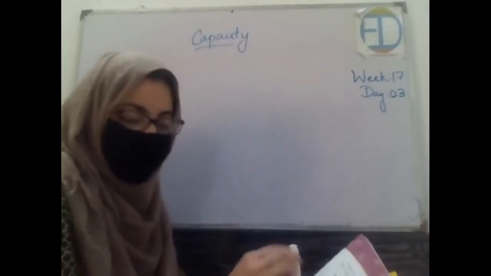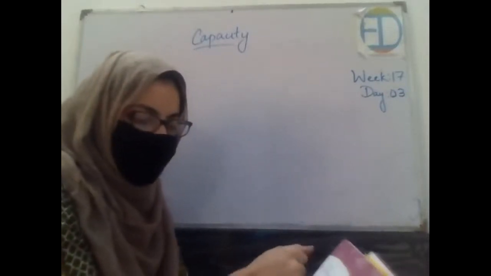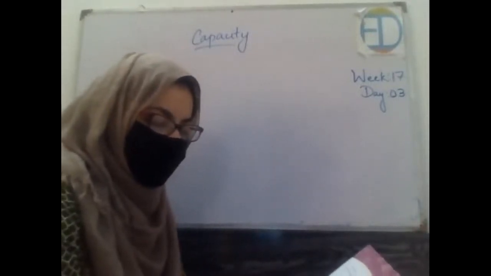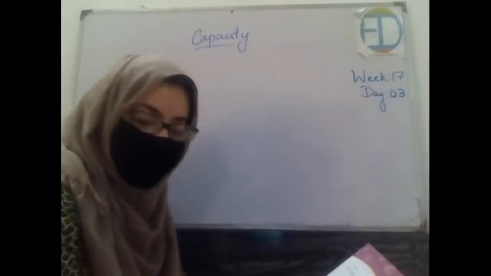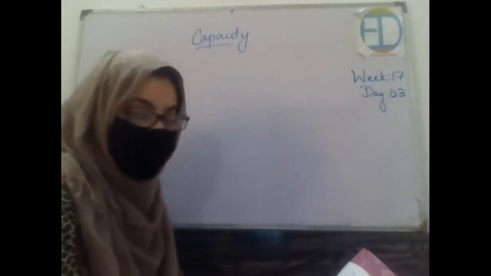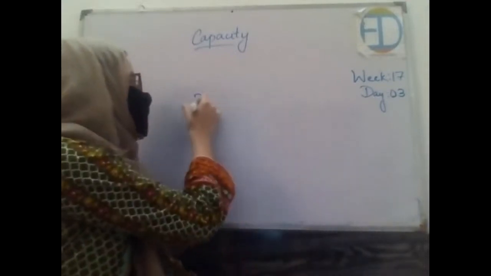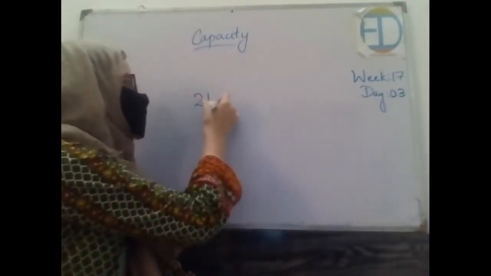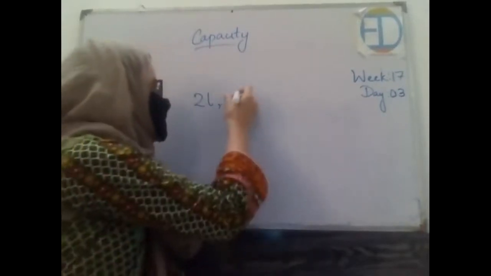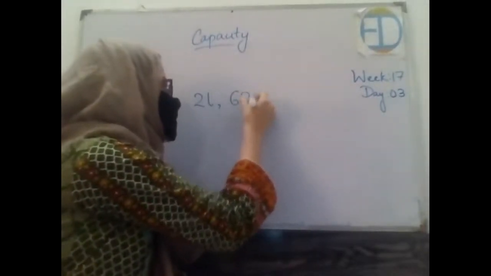The next question is again interesting. It says arrange from biggest to smallest, and four measurements are given to you. Three of them are in milliliter and one is in liter. So through this we get the idea that the one in liter is the biggest one. First, after that we have 680 milliliter.